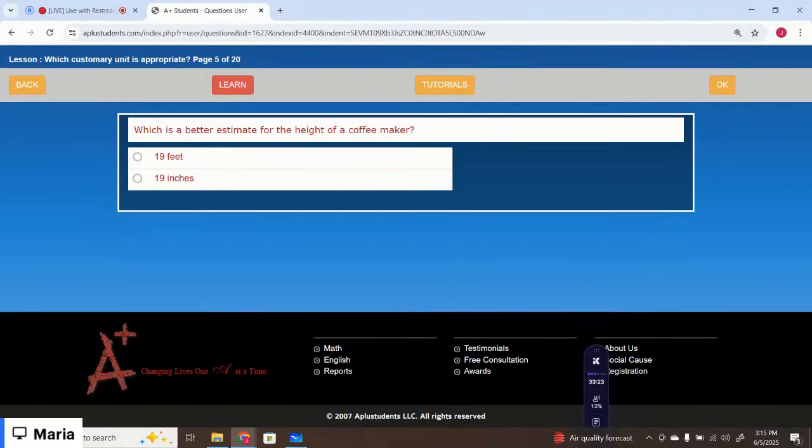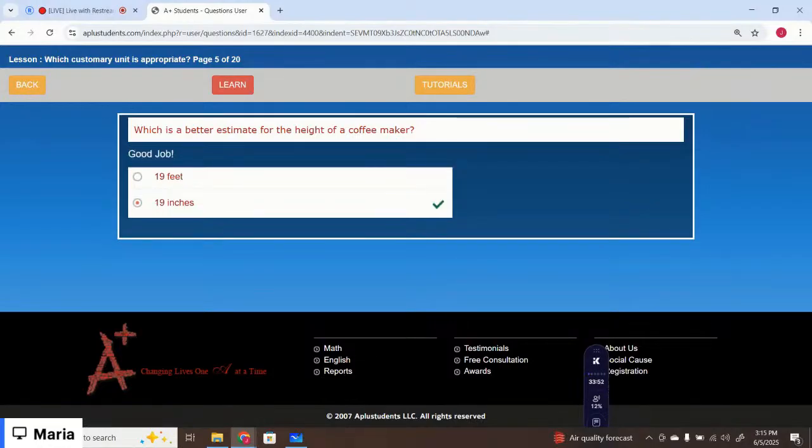Which is a better estimate for the height of a coffee maker? The height of the coffee maker would be 19 inches because 19 feet is too long.